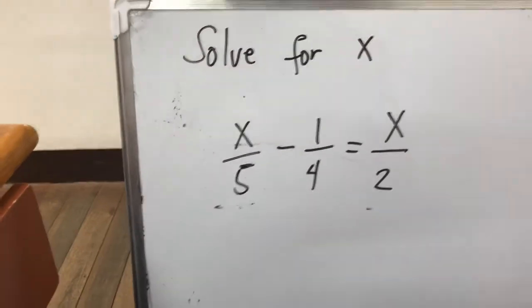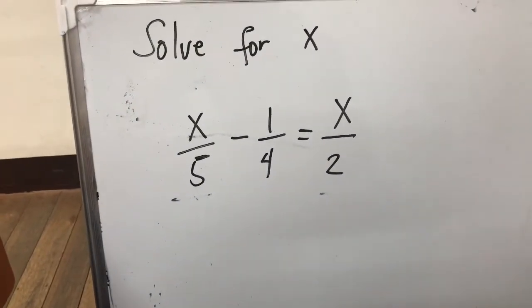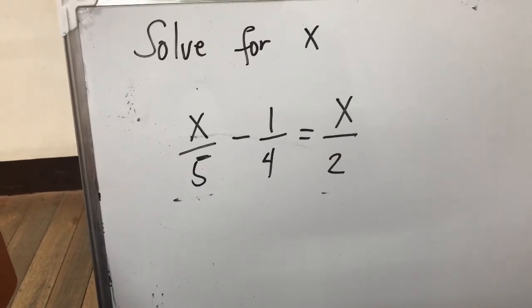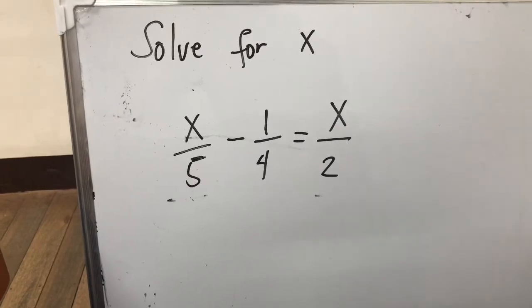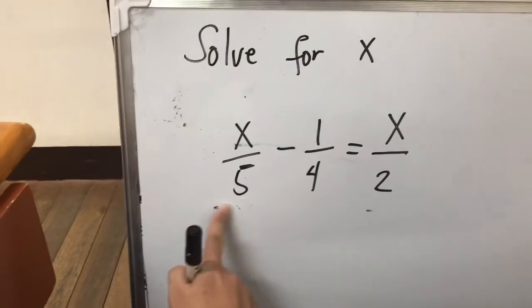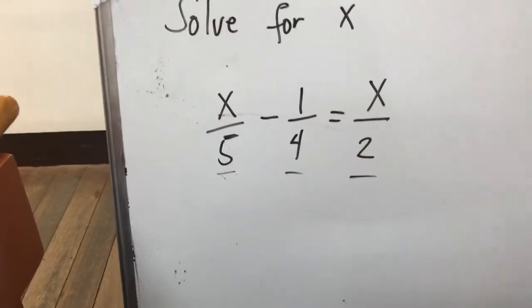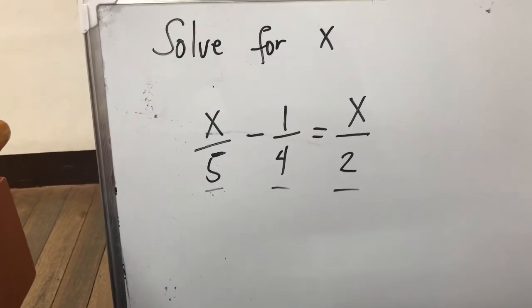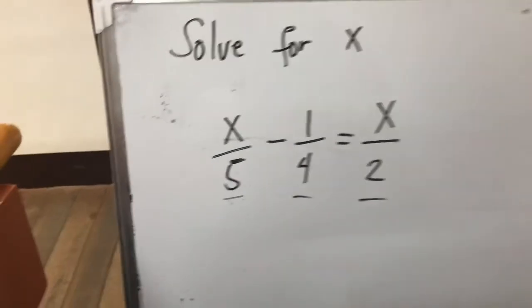Solve for x if x over 5 minus 1/4 is equal to x over 2. We find the LCD of our denominators 5, 4, and 2. Our LCD is 20.